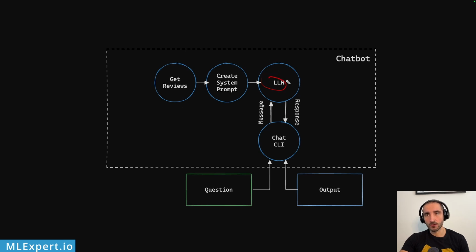The LLM is going to produce a response for us, and then our CLI application is going to be outputting some text based on the response from the LLM. This process will be repeated every time that you ask our application something about the reviews. Let's see how you can implement this.